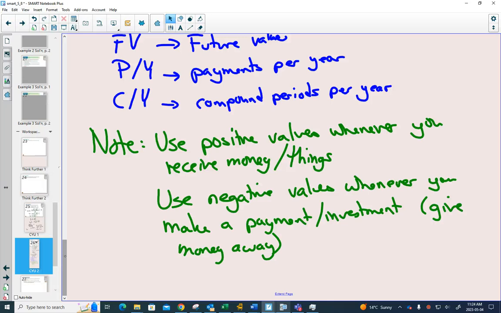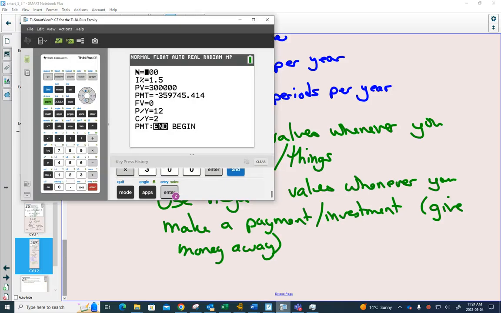So we're going to look at how we can solve this question that we just did with our calculator. Now, the question was asking us to solve for how many payments you would have to do on this car. So the N value is the one that you don't know. You can have any number in here that you want, it won't matter right now.